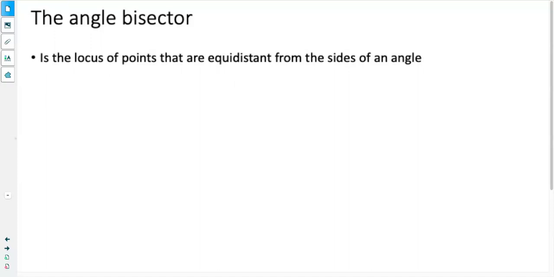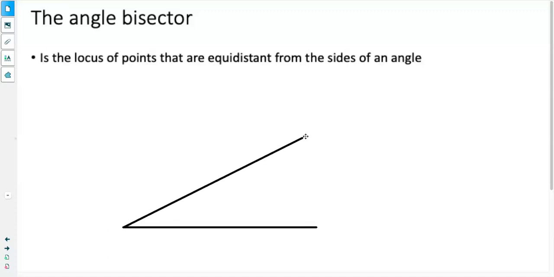Our third one was our angle bisector. This is a locus of points that are equidistant from the sides of an angle. I'll just quickly draw in what that means. We'll start out with an angle, then we'll start working on creating a bisector for it.